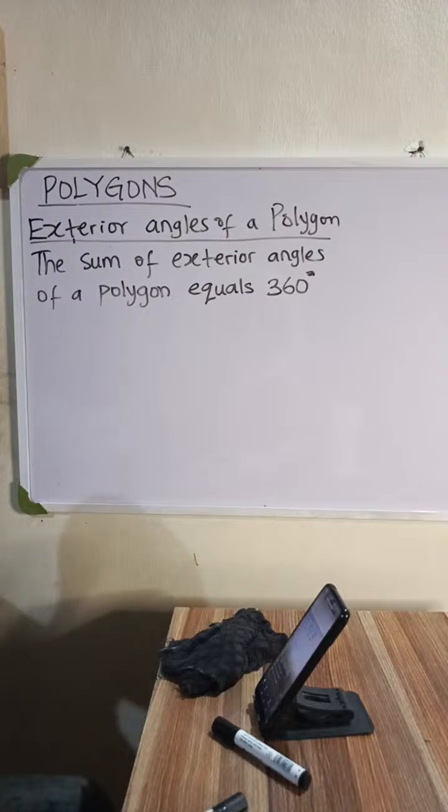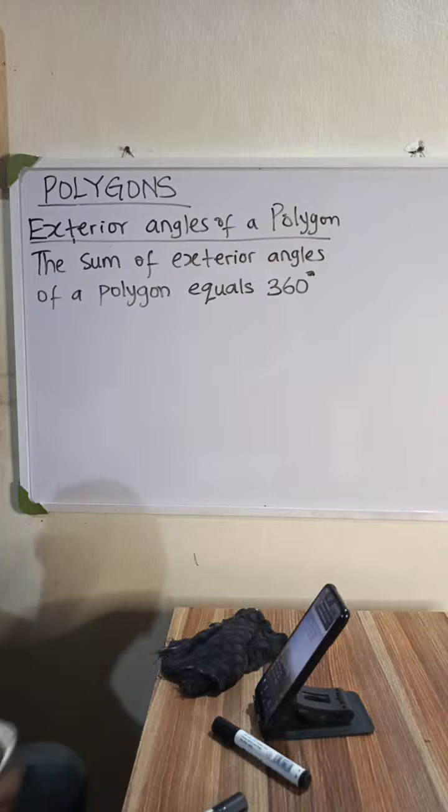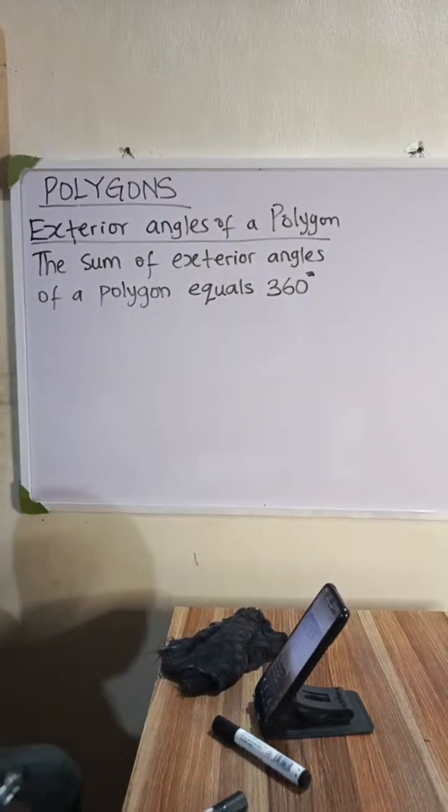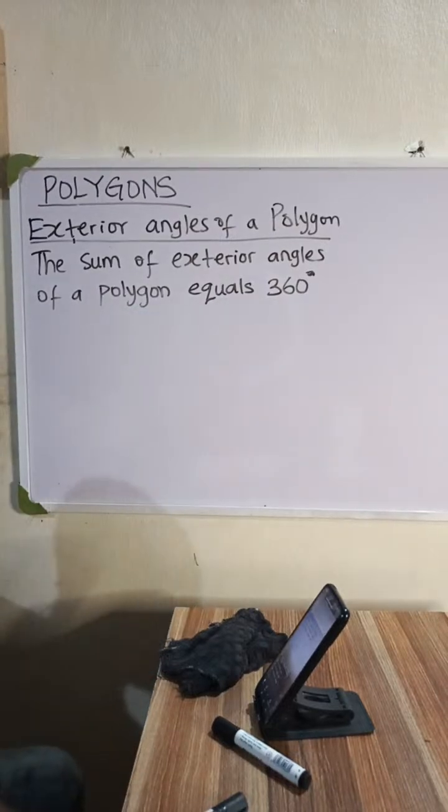The sum of the exterior angles of a polygon is equal to 360 degrees. Okay, so now we're going to use this understanding to solve some questions. Let's look at them.